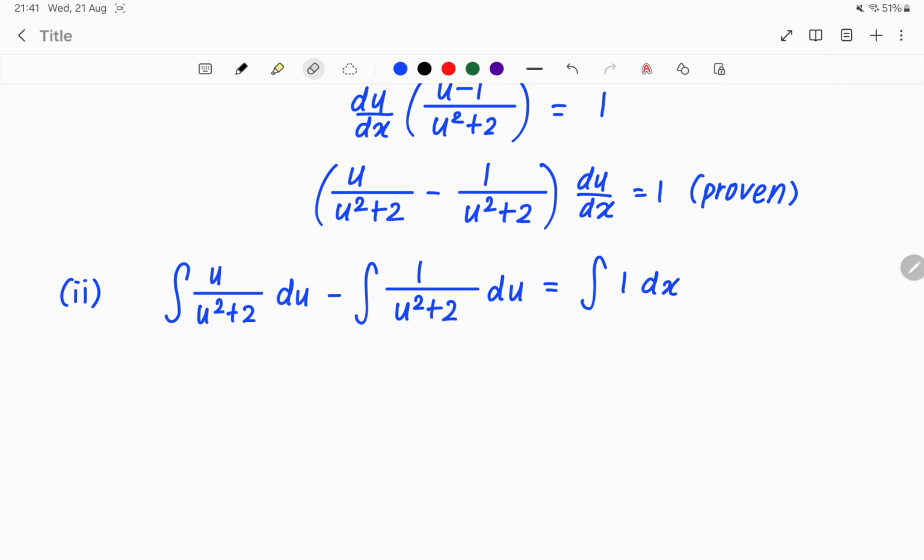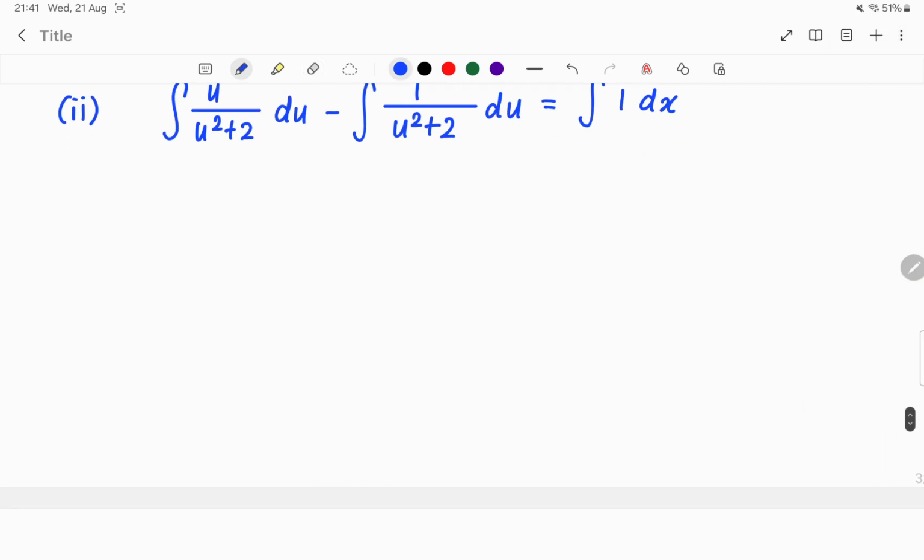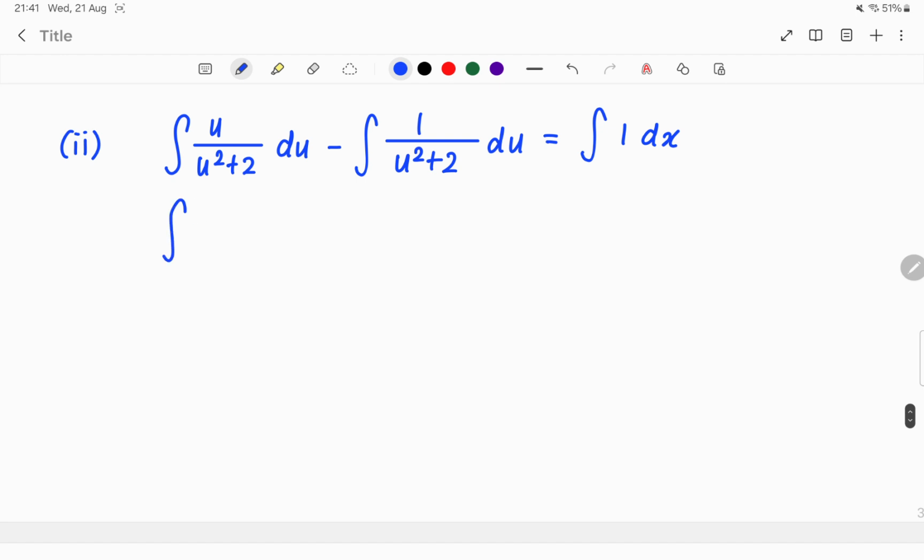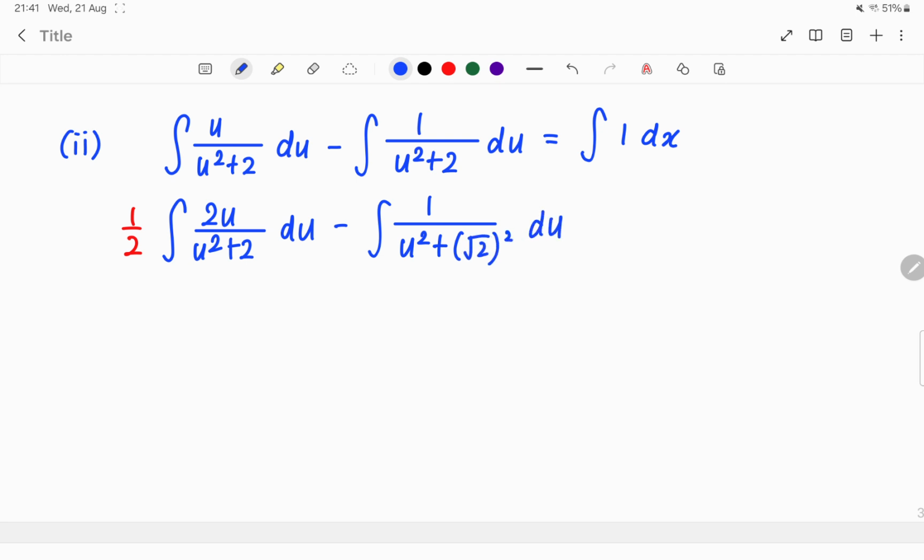Okay, so for the first one, in order to do that, the top must be 2u, okay, u squared plus 2 du, but I cannot change the expression, so it becomes half over on the outside. Over here, I'll just change this 2 into a form that's easy to see, which is root 2, okay. So now we are very clear on how we can integrate this.